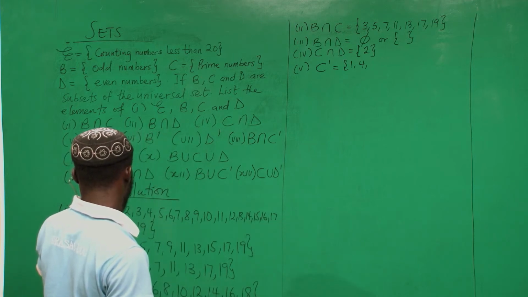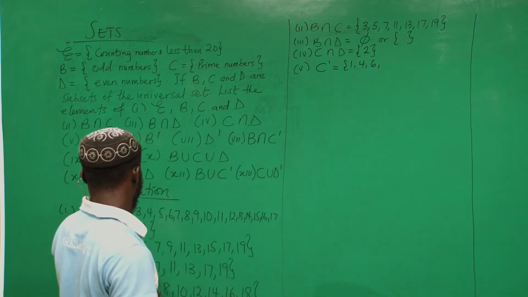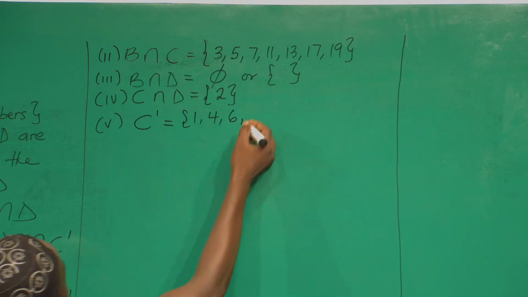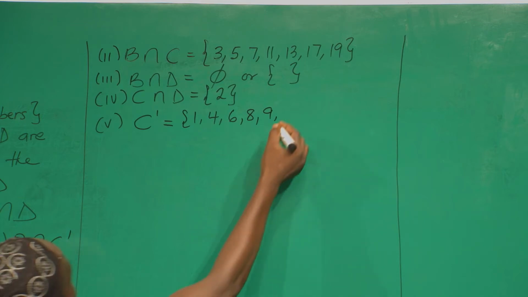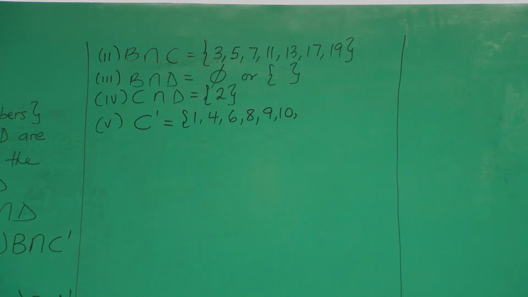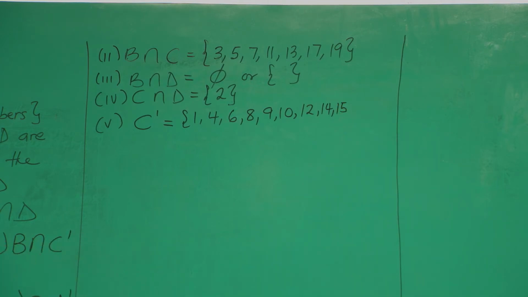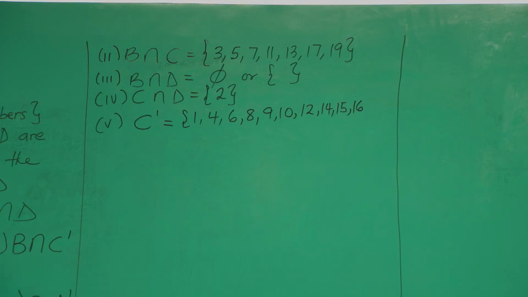So 1, 4, 6, 7 is there, 8 and 9, then 10, 11 is already there, then 12, 13 is there, then 14, then 15, then 16, there's 17 there, then 18.